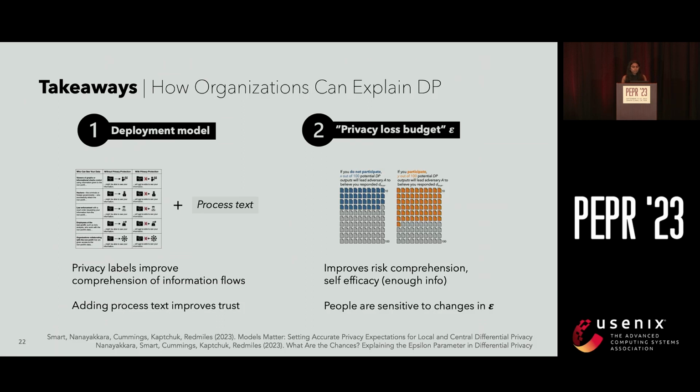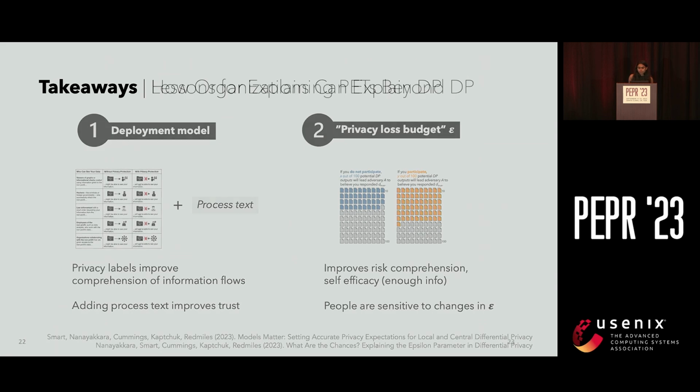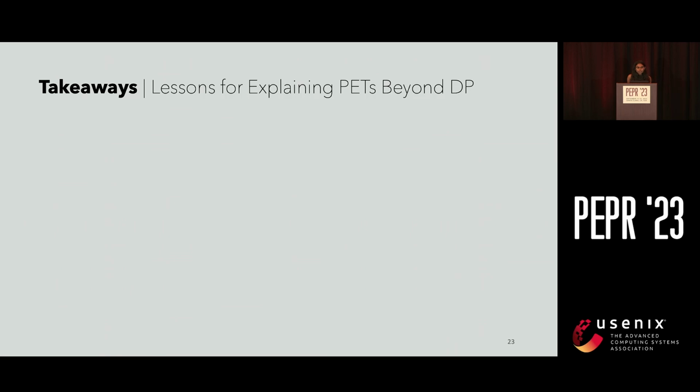So we found that our odds-based visual method improves risk comprehension and feelings of having enough information to make a data sharing decision. And we also found that willingness to share data is in fact sensitive to changes in epsilon. While our work focuses on differential privacy, we also believe our studies offer potential lessons that may extend to other privacy-enhancing technologies broadly.